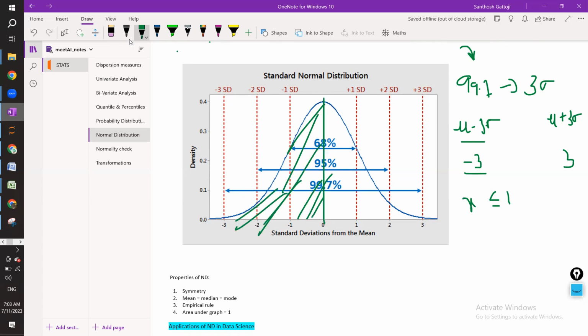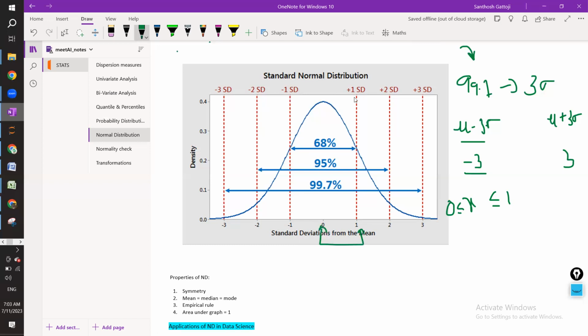Now, if I ask what is the probability, or the area, to find a random variable between 0 and 1, that means 0 less than or equal to x less than or equal to 1, this area.